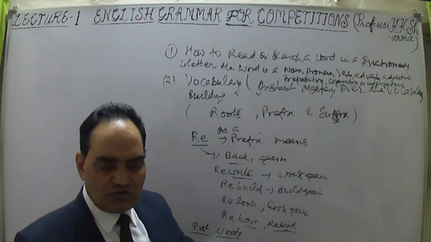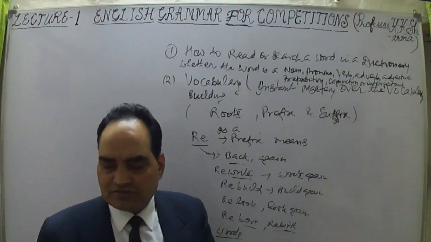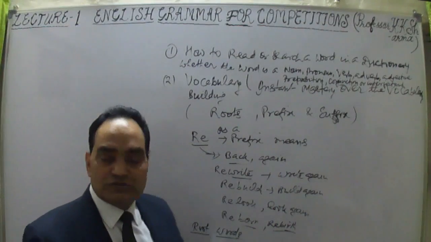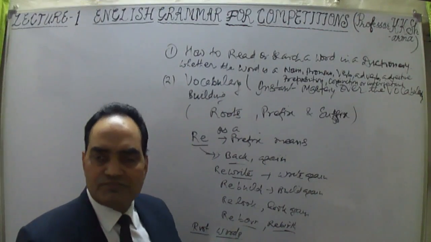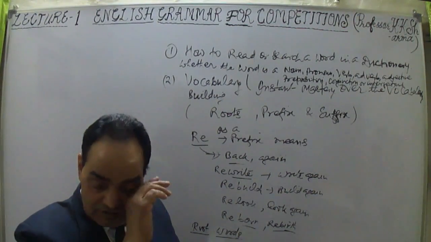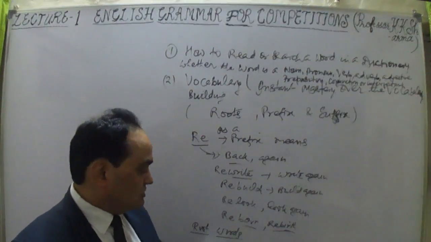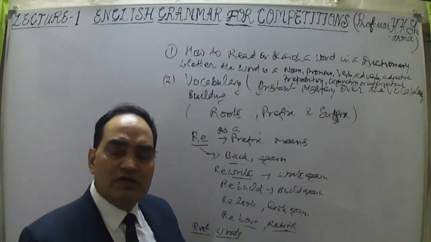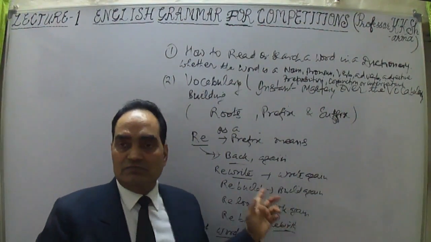I'll give you the roots, prefixes and suffixes. I have helped a number of students for GMAT, GRE and SET, because GRE is based on vocabulary. A number of vocabulary words are framed for GRE students who are going to the USA to do their master's degree in any subject. Almost all of them have studied this vocabulary building.